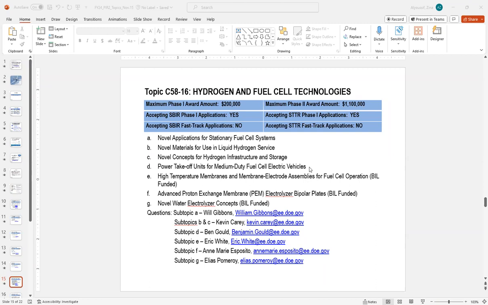And we seek high temperature PEMs that have high proton conductivity in a temperature range between 120 degrees and 200 degrees Celsius over a wide range of relative humidities. They would be highly durable and be compatible with existing fuel cell architectures. That is the main thrust of this topic, and I'd be happy to take questions. Let me see if there are any questions.